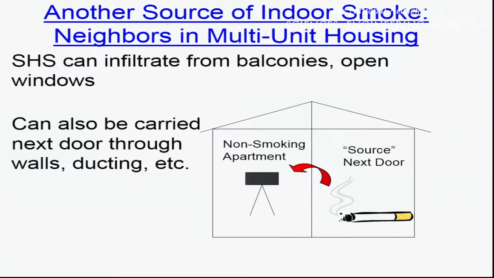And this is a problem that's only going to be growing as more and more people buy condominiums or live in apartments as opposed to having your own separate, isolated dwelling. And there's a lot of considerations related to how is the building constructed, how is the ventilation system designed, in determining to what extent this can be a problem.